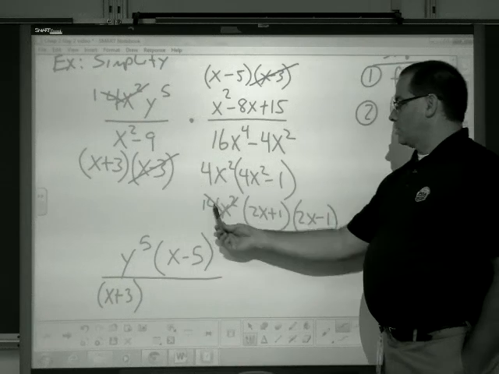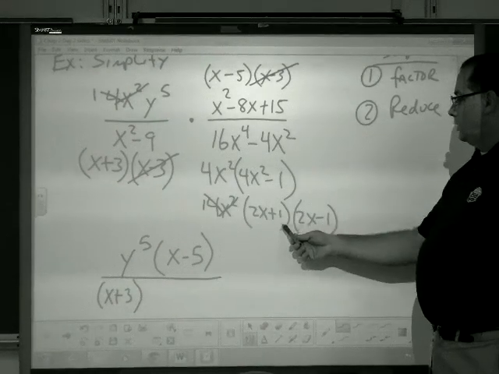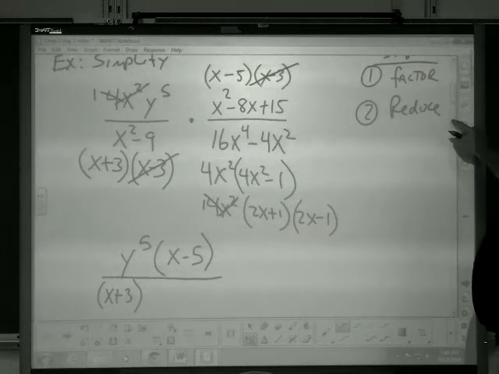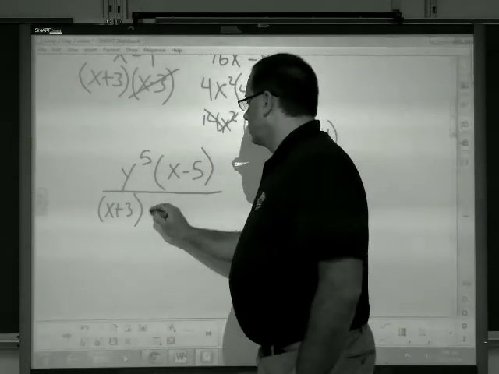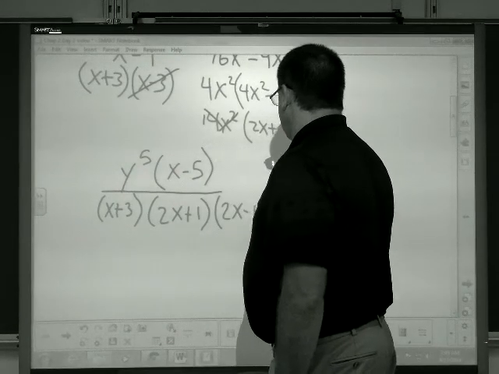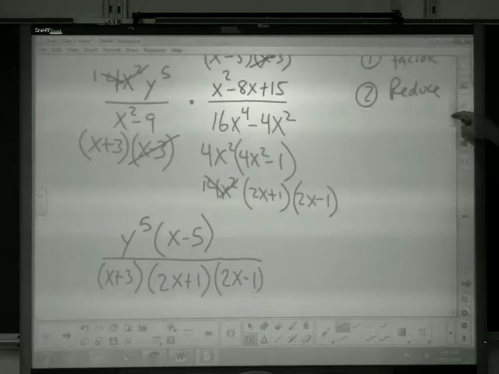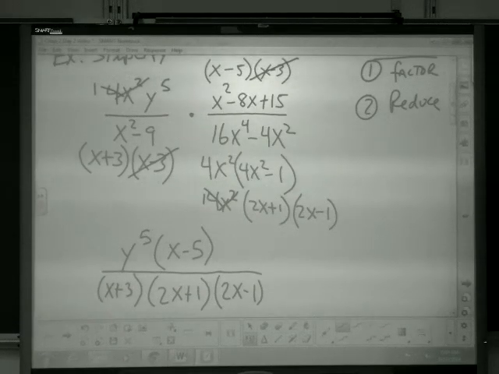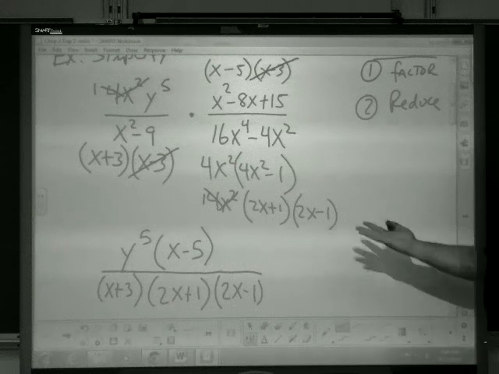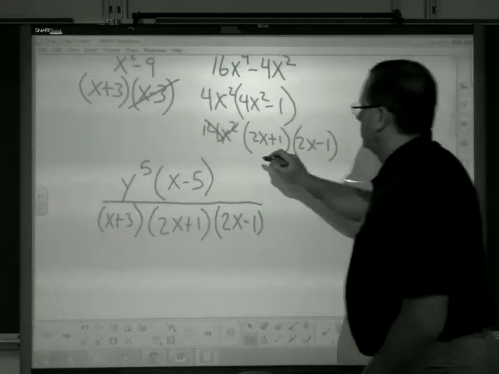As I come across, the 4's gone, the x squared's gone, just a 1 there, but 1 times this, I'm okay. I can just write 2x plus 1, 2x minus 1. And that is what we get after we factor and then reduce. Two-step process. That's it.